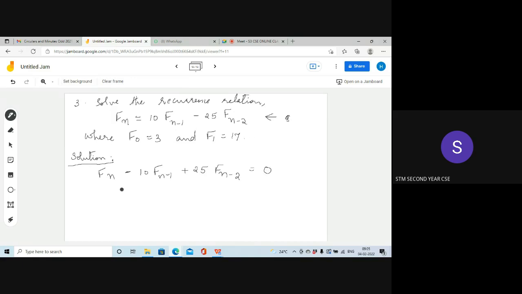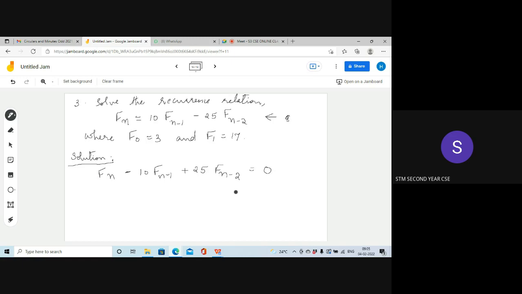Okay, so since the right-hand side is 0, this equation is homogeneous. It is linear, isn't it? You look at the coefficients of the f_n terms, everything is constant. So we say it is a linear homogeneous recurrence relation of order... What is the order? Can you find out the order? How do you find out the order?